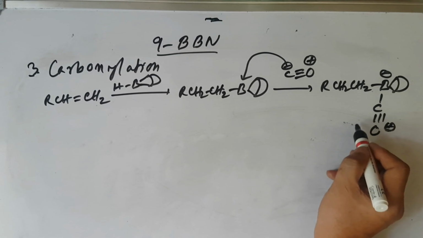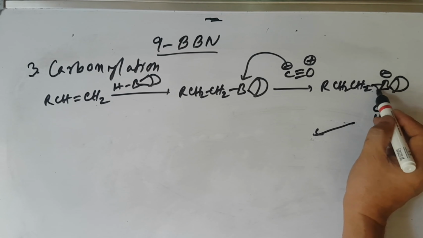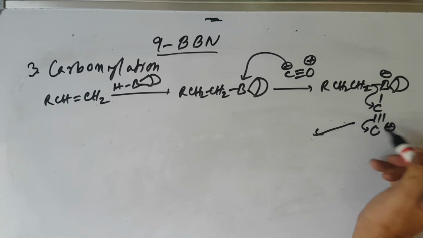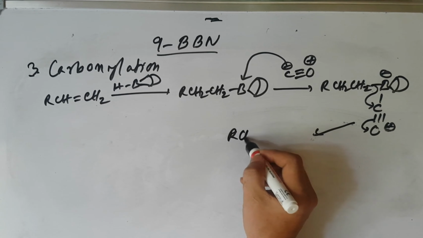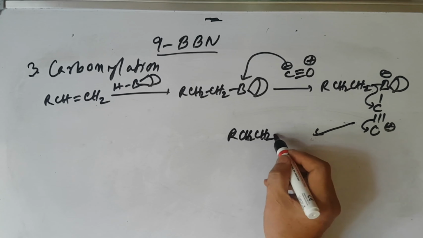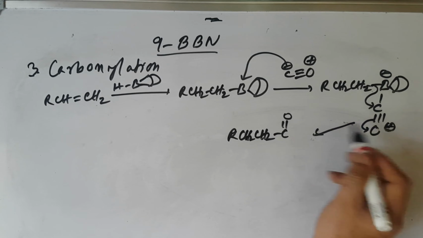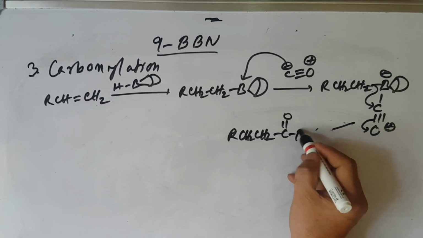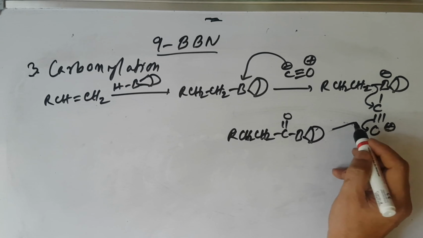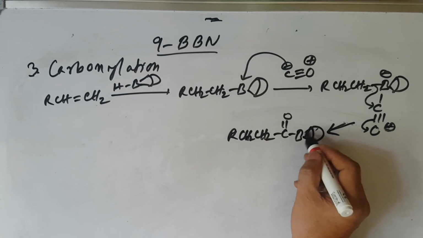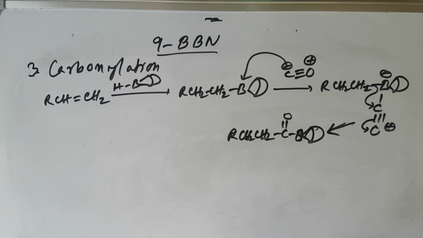Then migration takes place. This group migrates to the carbon, giving R, CH2, CH2, then carbon, then the BBN part here.